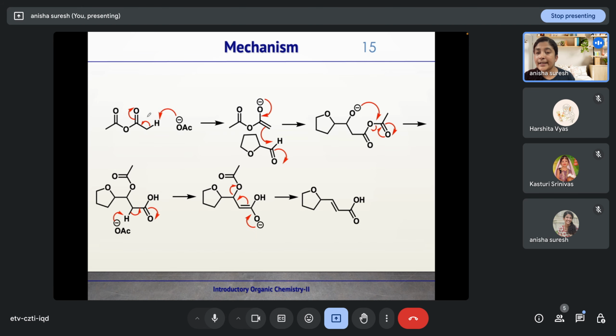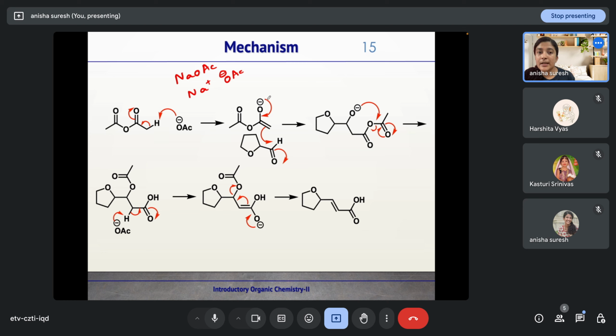So this anhydride will be having alpha hydrogens. So NaOAc will be existing like Na plus OAc minus. So this will be a good base that will abstract this proton, leading to formation of this enolate.